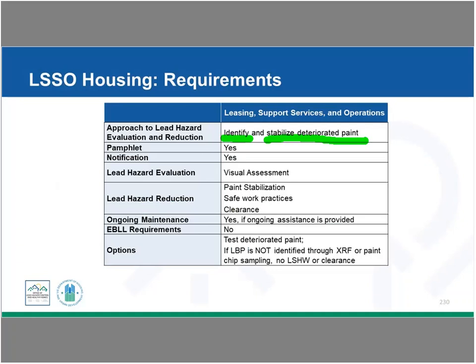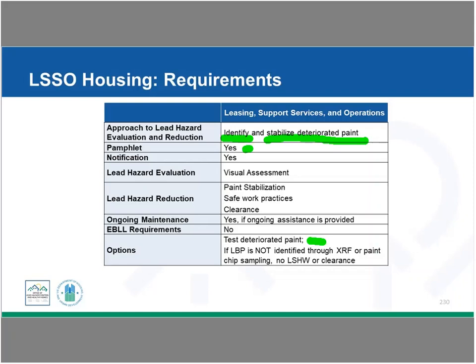We, as always, have the option that we could test that deteriorated paint and identify and treat only that which was lead paint, following our lead safe work practices, having an RRP certified contractor.